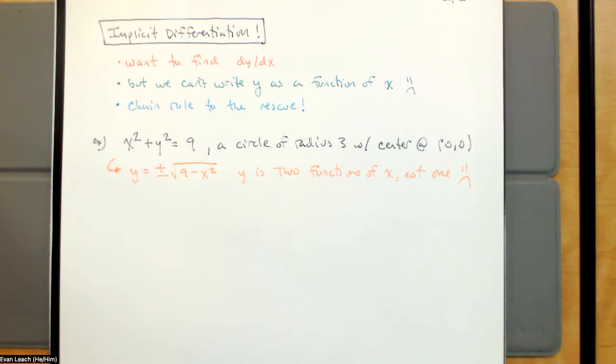This is one way out. If we don't have implicit differentiation, then we have to do this, but we also have to know which one we're talking about. So y is plus or minus the square root of 9 minus x squared. This is actually two halves of the circle, the top half and the bottom half.